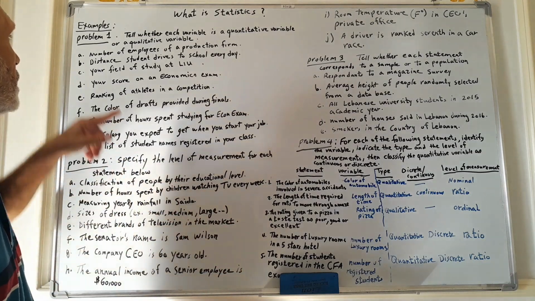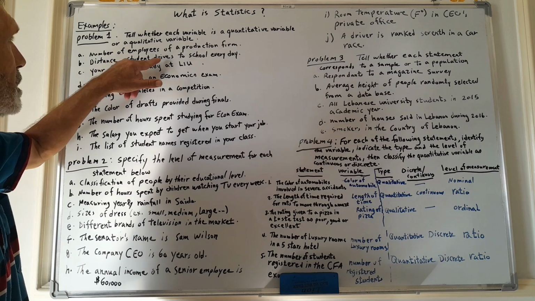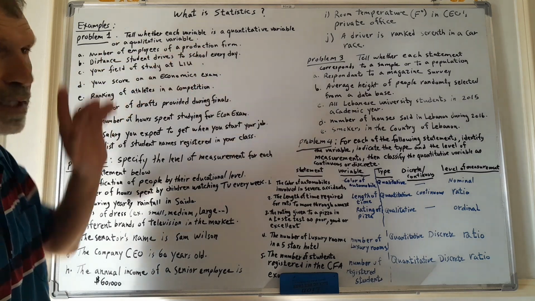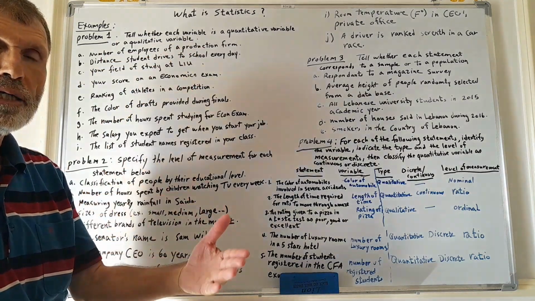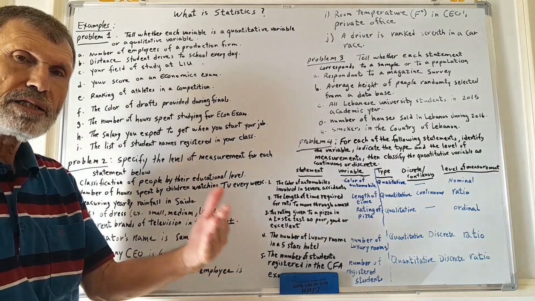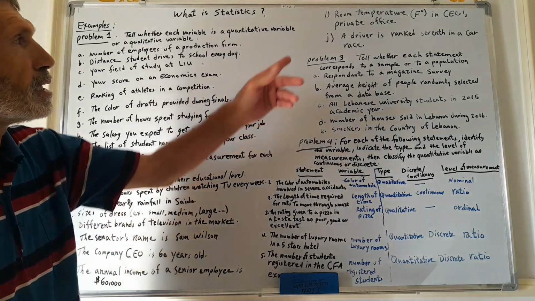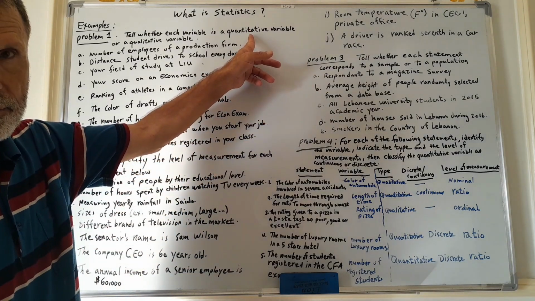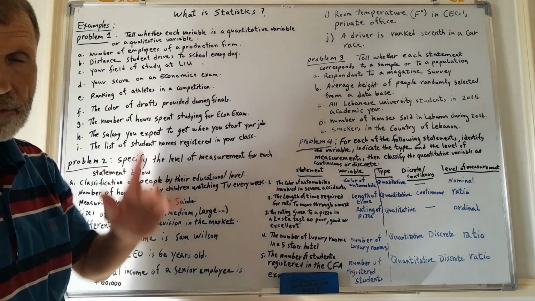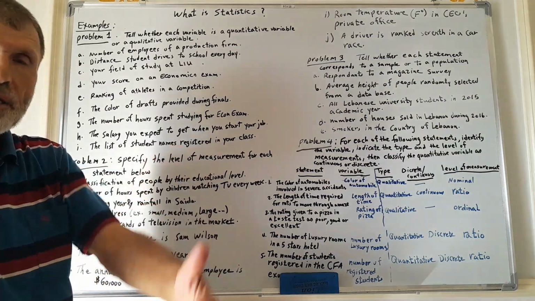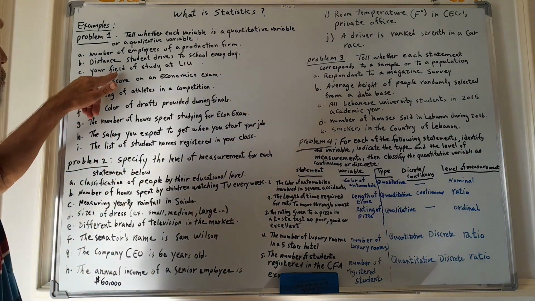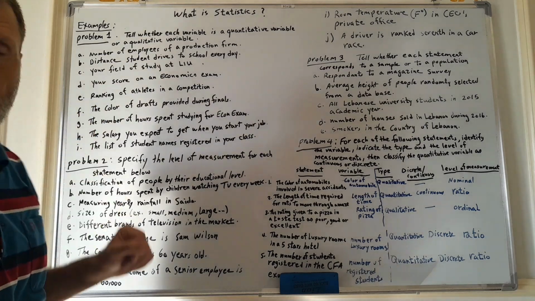Next, the distance a student drives to school every day. The distance could be 1 mile, 1.5 miles, or 1.6 miles. It's continuous, but it is a quantitative variable because it's reported numerically. Your field of study at LIU.